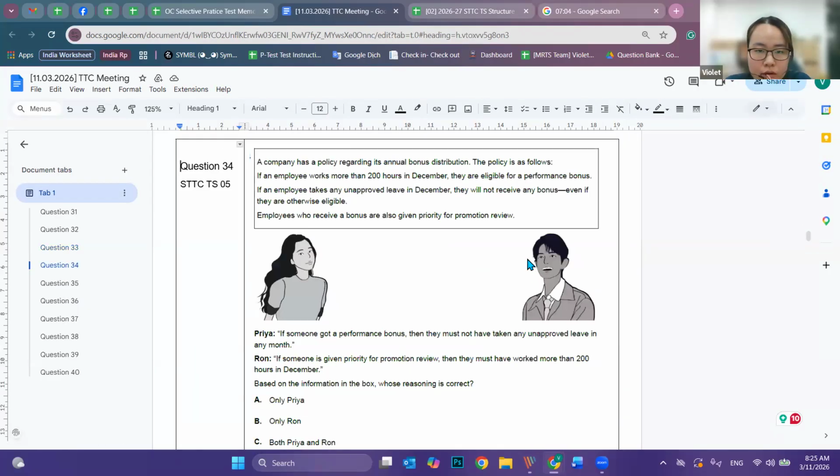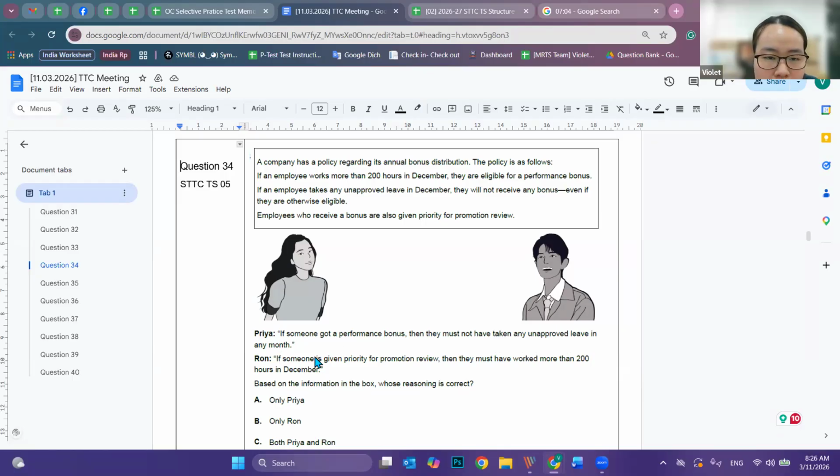So for question 34, the question asks, based on the information in the box, whose reasoning is correct. Priya says if someone got a performance bonus, they must not have taken any unapproved leave in any month.